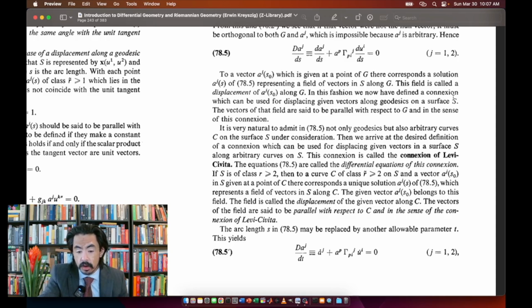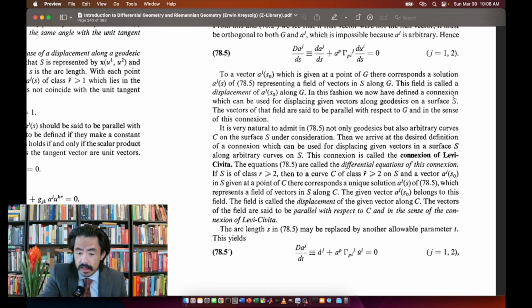If S is of class R greater than or equal to 2, then to a curve capital C of class R tilde, which is greater than or equal to 2 on S, and a vector A superscript j of lowercase s naught in capital S, given at a point of C, there corresponds a unique solution, A superscript J of lowercase s, of the above differential equations of the connection of Levi-Civita, which represents a field of vectors in S along C. The given vector A superscript J of lowercase s naught belongs to this field.